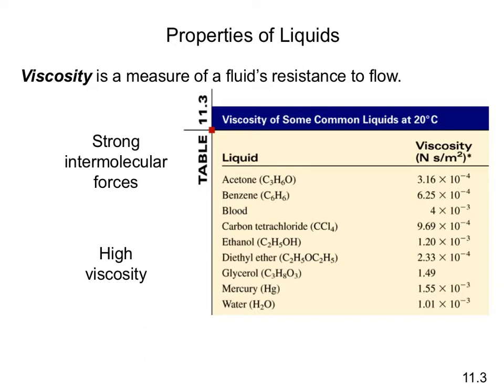In general, for things of similar masses, the stronger the intermolecular force, the more viscous. As you get to larger, bigger molecules, they can start to tangle together, and then they can become more viscous that way, without necessarily having stronger intermolecular forces.